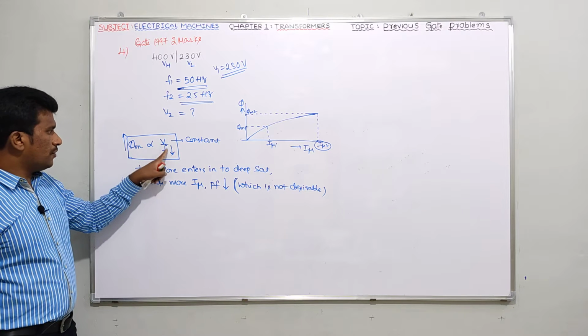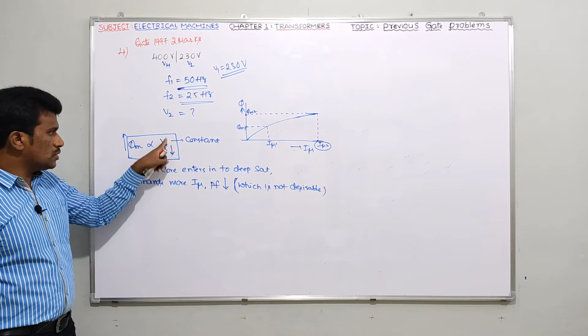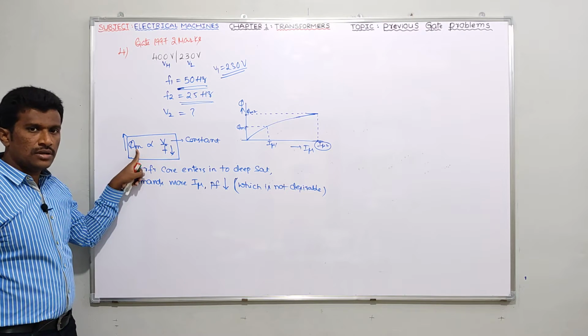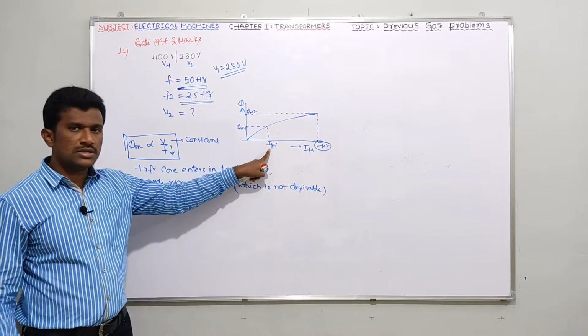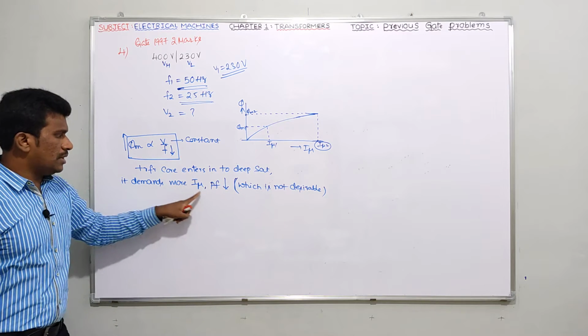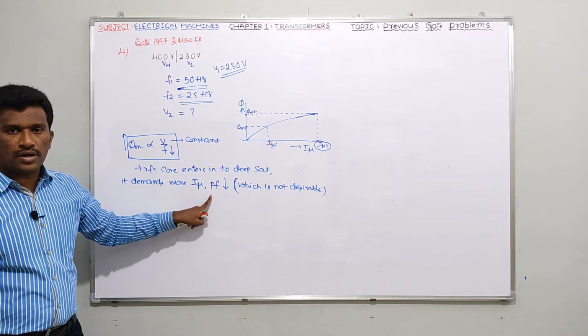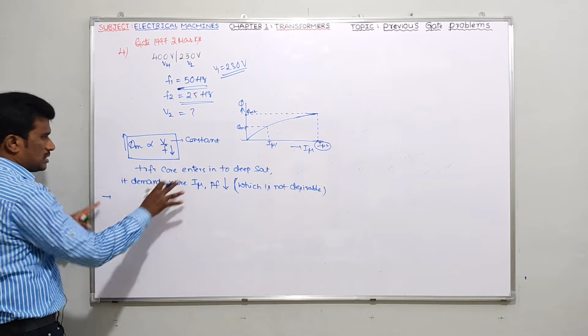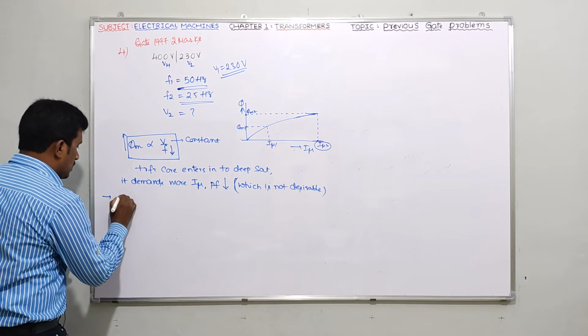That means if the frequency reduces, voltage should also reduce so that V by F remains constant and flux remains constant. Whenever flux remains constant, Im also remains constant, and there is no decrease of your power factor. So what is the remedy for this problem? Very simple.